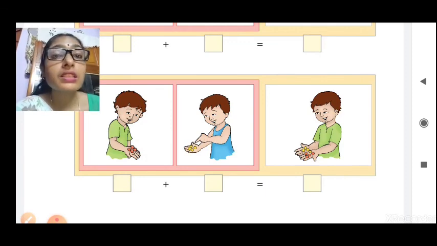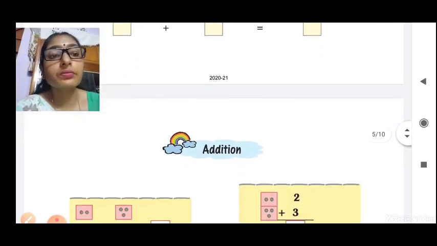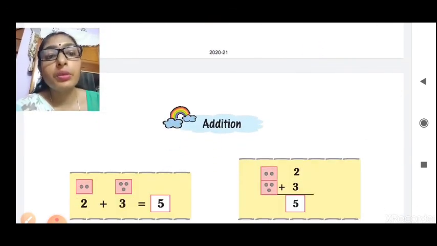So this green shirt boy has all the marbles together. How many marbles does he have? If you count 1, 2, 3, 4, 5, 6, 7, 8. So total 8 marbles are there. Now we will learn this addition.